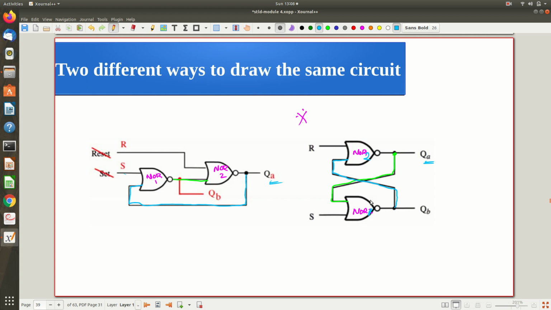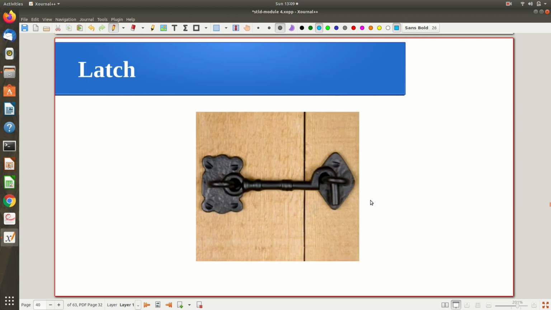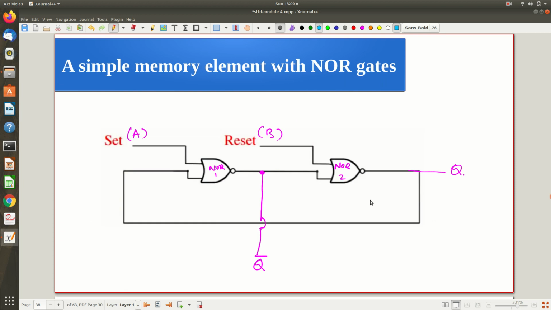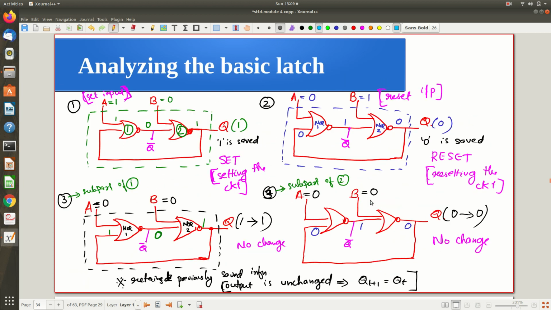Okay, so this is the NOR gate implementation of a circuit that is capable of storing one bit of information. We observe different cases. This is something called latching, just like the normal latch on a door. You take something inside the room and you latch it, right? Just like that, you take one inside the circuit and you latch it. So here you are latching one.